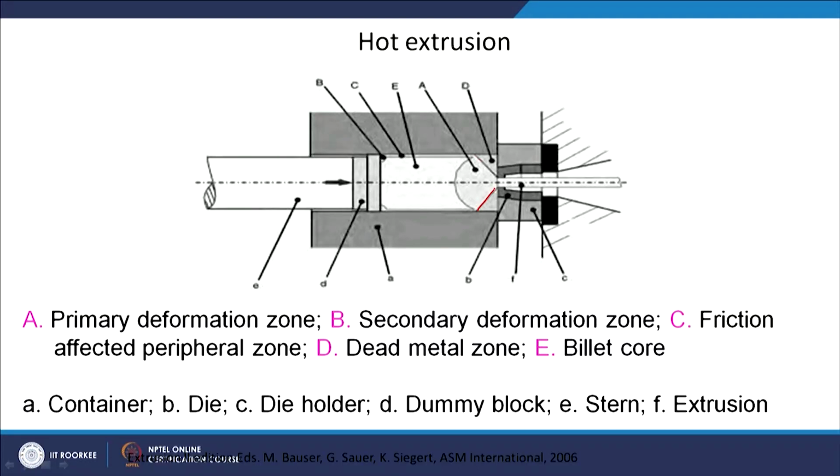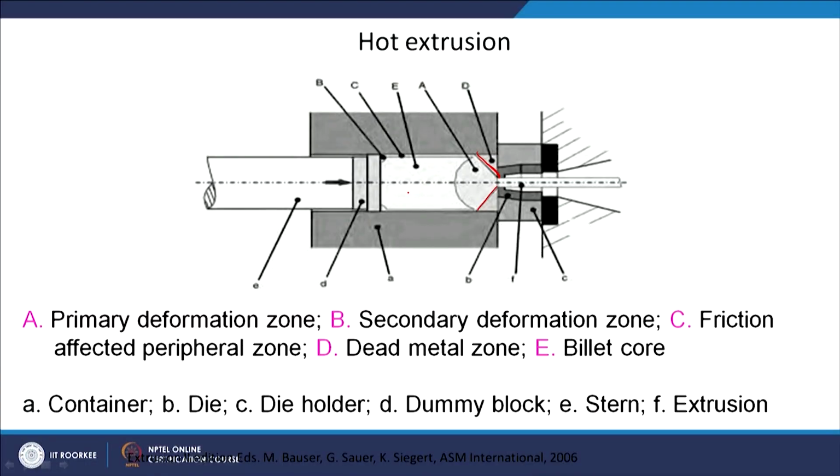Of course, you have to give some angle to the material, so that you can introduce the strain in the material at different levels. So, strain will increase as material is going through the die. A large cross sectional area material can be reduced to a very small cross sectional area, and in that process you will be introducing a lot of strain in the material. And some zones are shown here.